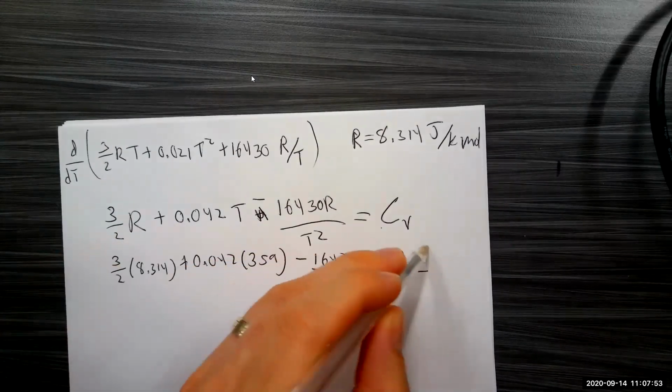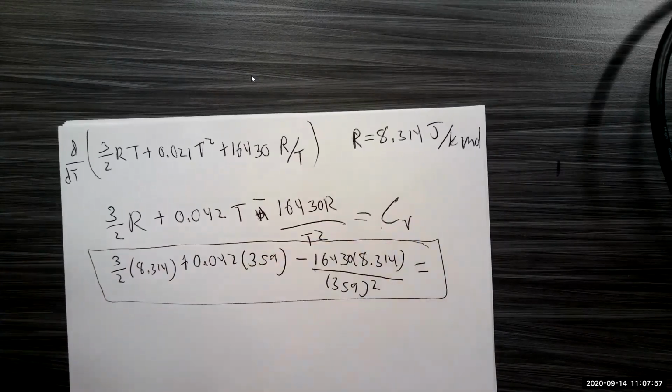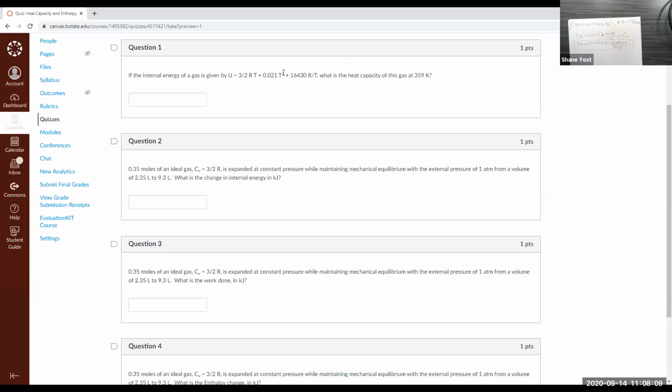Do we square the 0.021 as well as the T? No. How that's written, the square is just on the T. I tried to make sure there's a space to indicate that it's just T squared and nothing else.